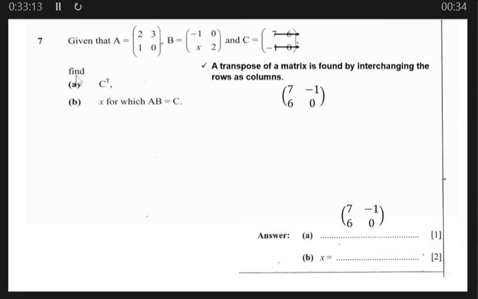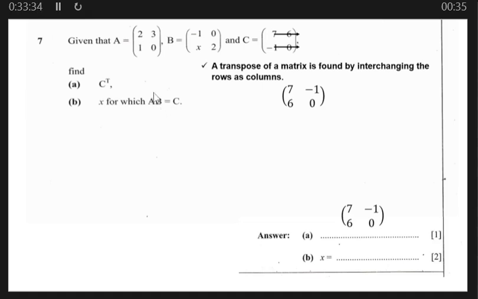Then here we are told again, find x for which AB is equal to C. So they want us to find x here, for which matrix A times matrix B gives C. That is what it means when they say AB.